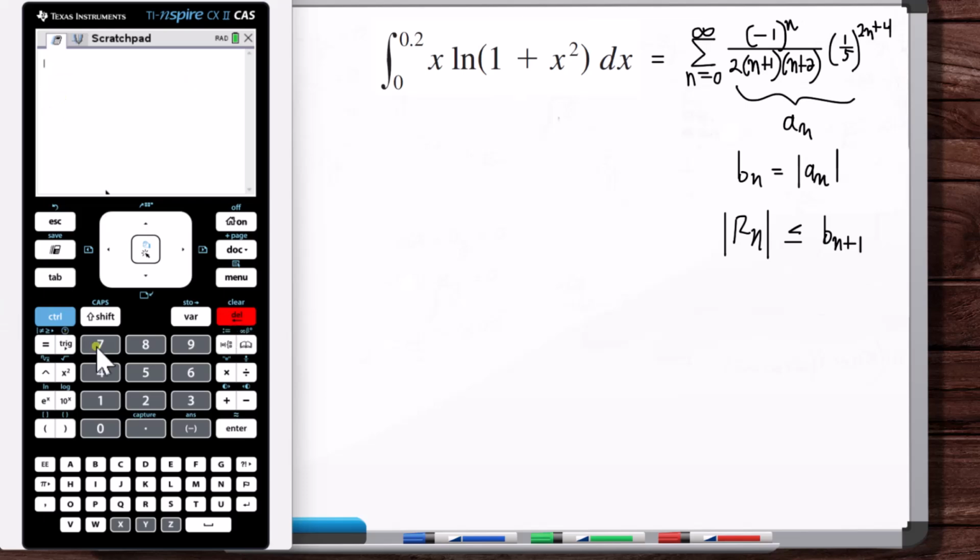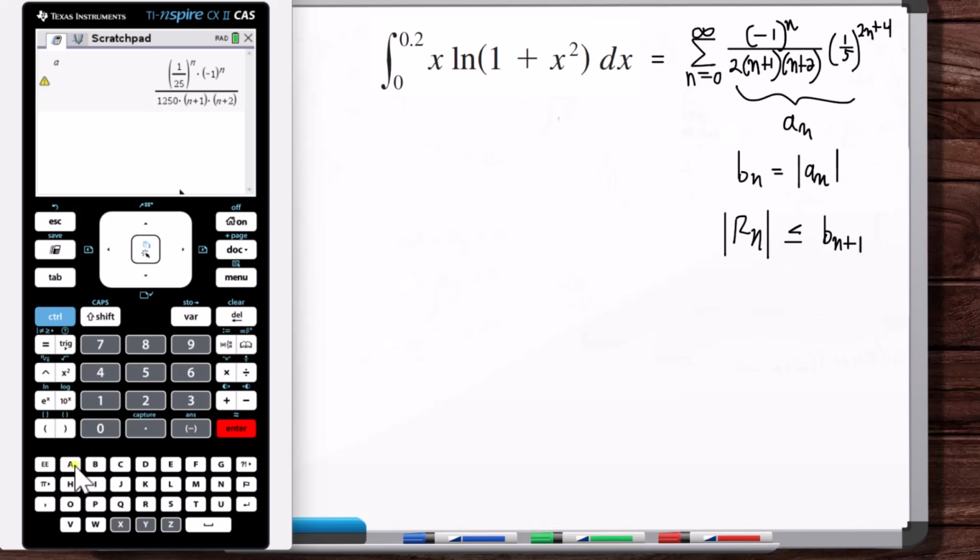So, all right, there's the b. Now, if we say b times minus 1 to the n, we're going to store that as a. Okay, so there's the a sub n.